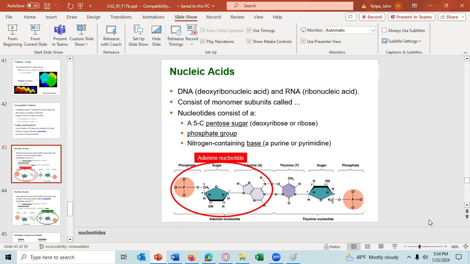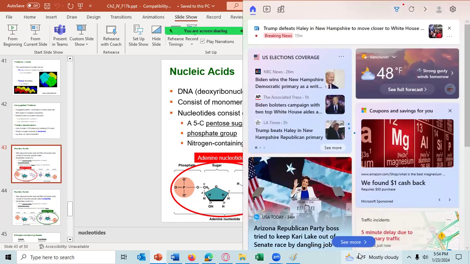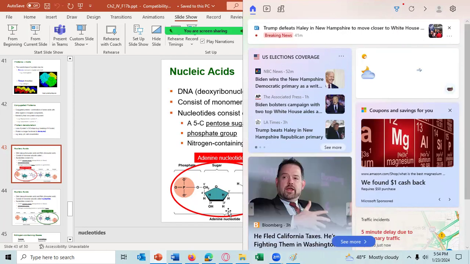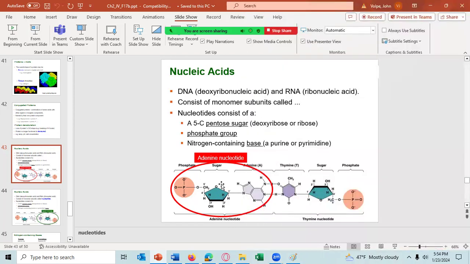A nucleotide itself consists of three parts. A 5-carbon pentose sugar, shown right here, a phosphate group shown right here, and then a nitrogen-containing base shown here. And there's the nucleotide. Any question about any of that?